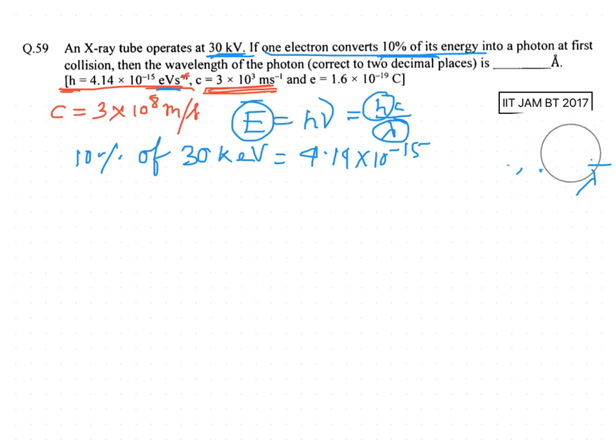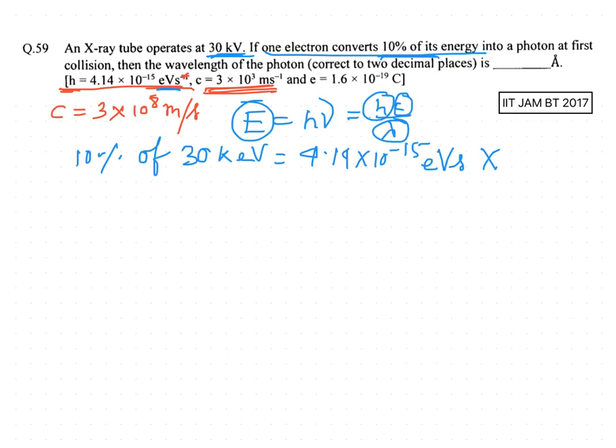Times electron volt second, multiplied by the value of c.